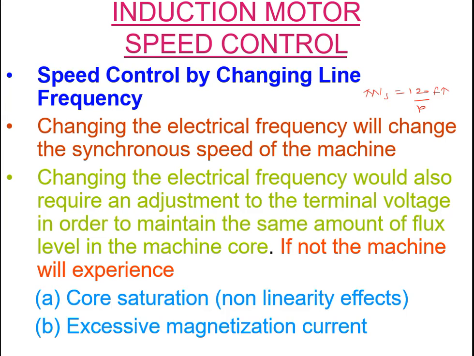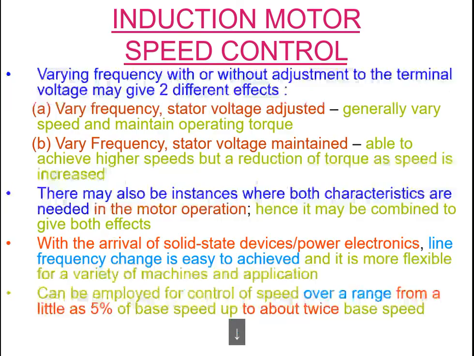So in order to maintain the flux value constant, we should keep the voltage to frequency ratio constant. That is why we go for the V by F control method. Suppose we could not maintain this flux constant for the machine, then it will experience core saturation, producing nonlinear effects and excessive magnetizing currents, so that the losses would increase very high.